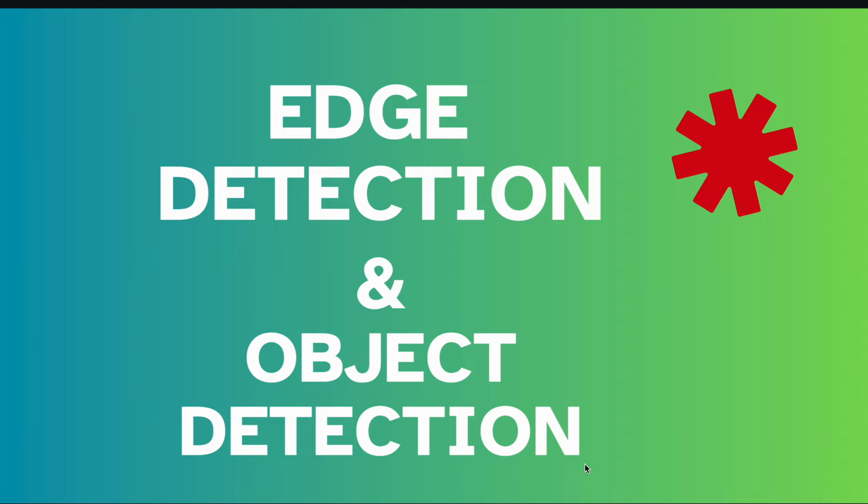As I have already discussed, we'll use different kinds of methods, different kinds of algorithms, and logical as well as arithmetic operations to get the required result. Sometimes if we are doing edge detection, we need a different algorithm, and if we are doing object detection, we use a different method altogether. So we'll deep dive into those topics.